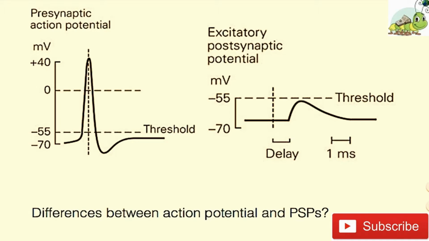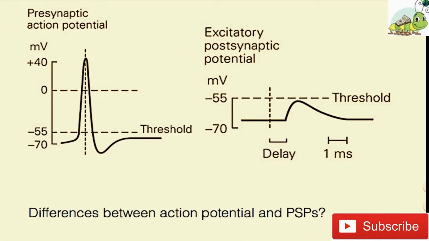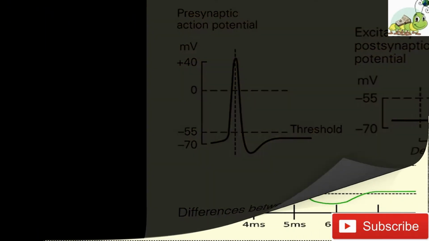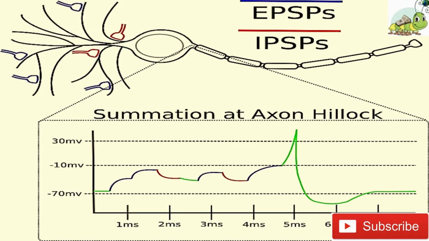So what is the summation? All types of graded potentials will result in small changes of either depolarization or hyperpolarization in the voltage of a membrane. These changes can lead to the neuron reaching threshold if the changes add together, or summate.